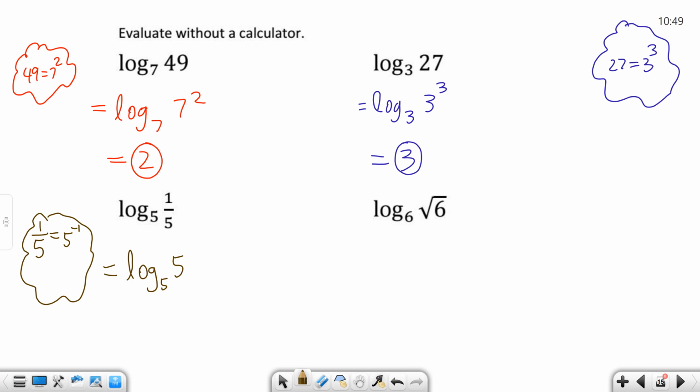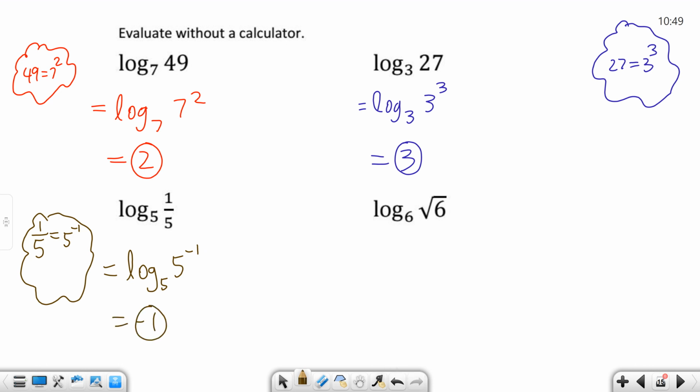It'd be 1/5 to the first, and that's exactly what it would be. So if it's a fraction, it's a negative exponent. And if that was 1/25, that'd just be 5 to the -2, because 5 squared is 25. So if it's in the denominator, negative exponent, and then what power is it to get 5? 5 to the first power. So 5 to the -1. Again, these match. If those match, then this is my answer. So this answer is -1.